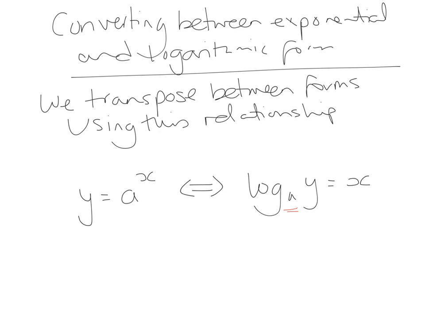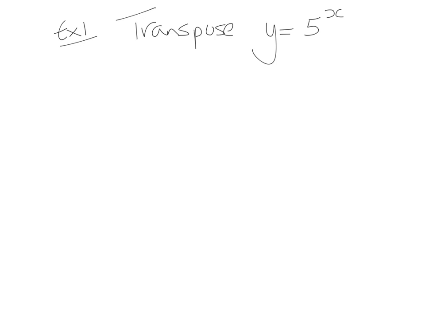Now let me do a few examples of converting in both directions. Example 1, transpose y is equal to 5 to the x to log form, and log is just the shortened way of writing logarithmic.